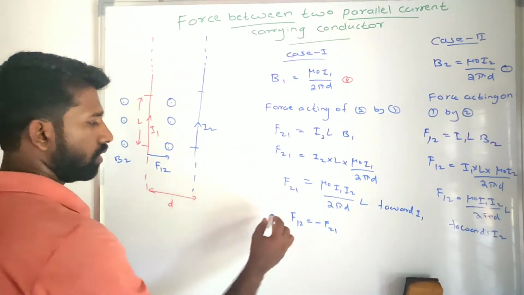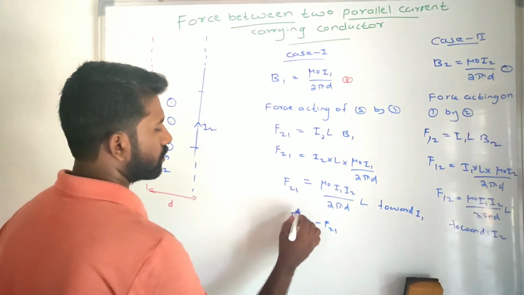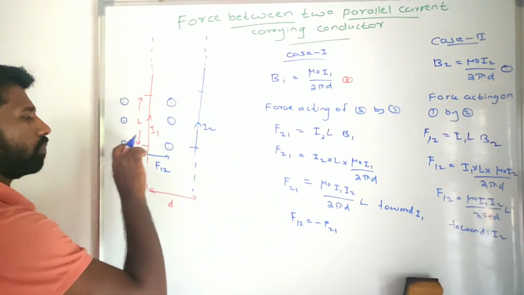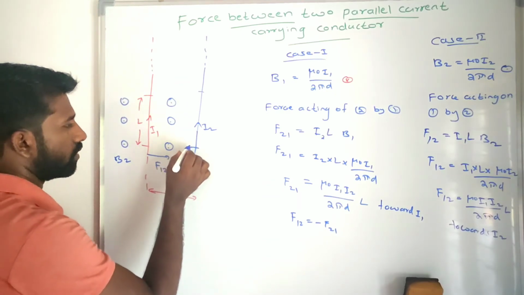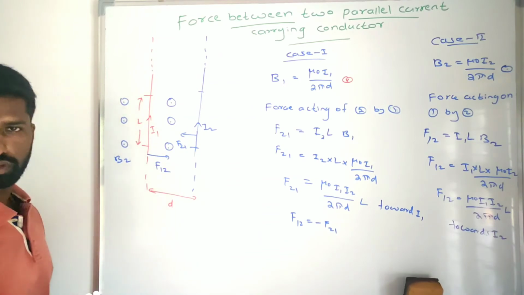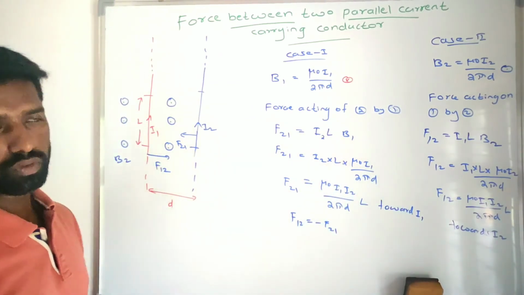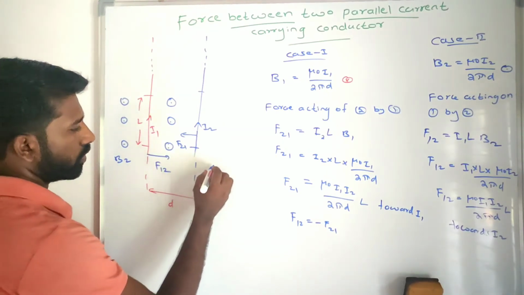Okay. So what you can see is that F12 is equal to minus F21. Why? Because these two forces are acting in the opposite direction. We already got F21 like this, and F12 like this. These two forces are acting in the opposite direction but with the same magnitude. So what about the force per unit length?